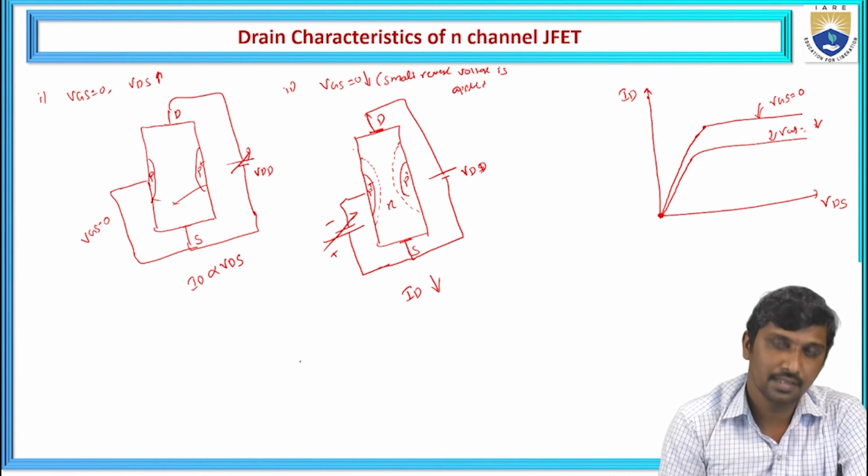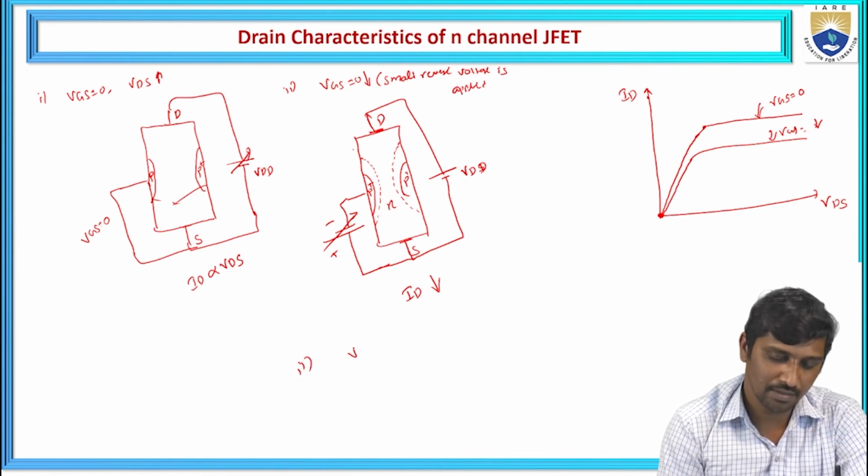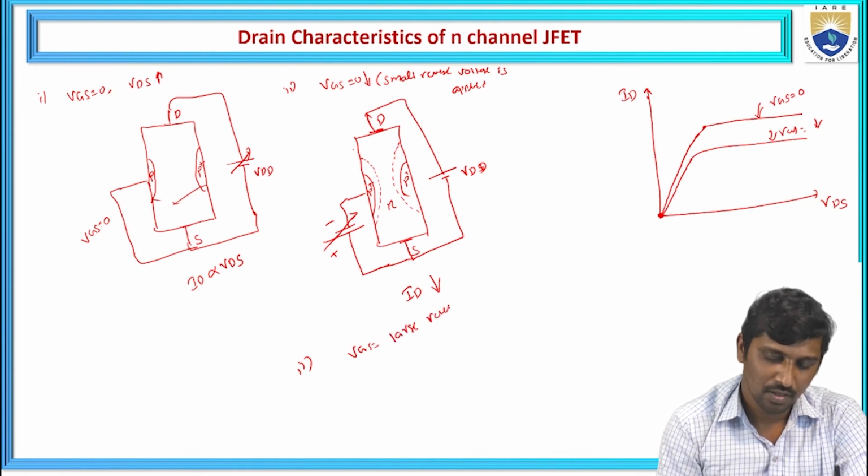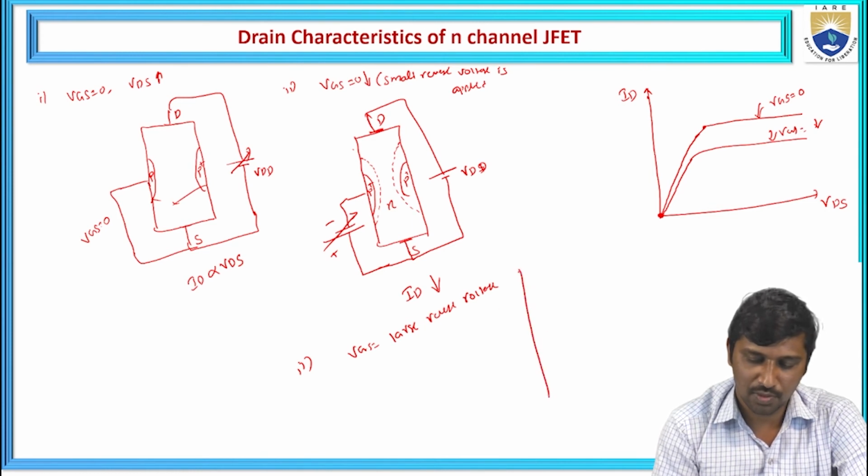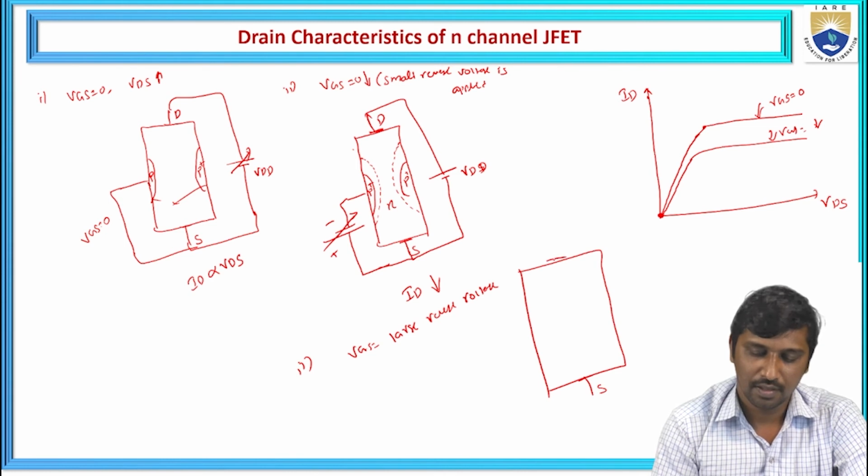Suppose in a third case, you go on changing VGS to a large reverse voltage. If you go up to a large reverse voltage, what happens? This is source and this is drain.